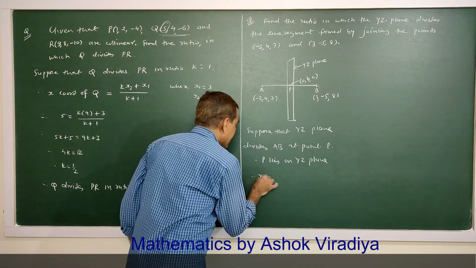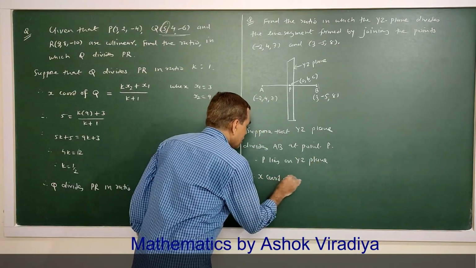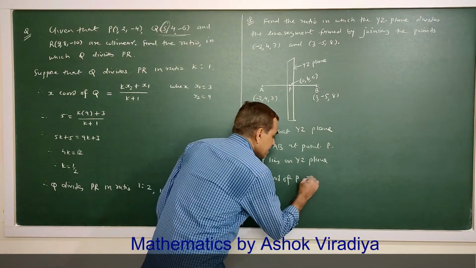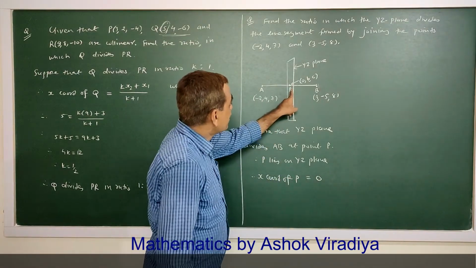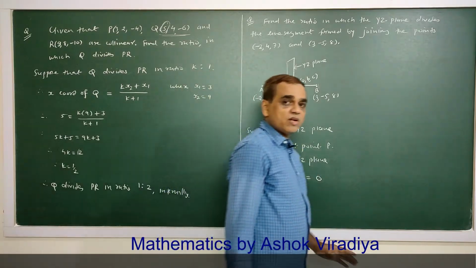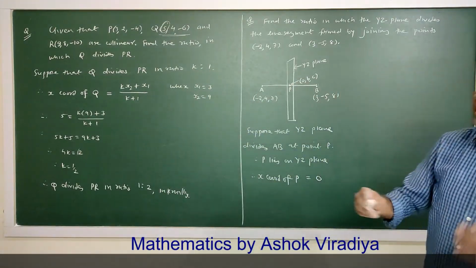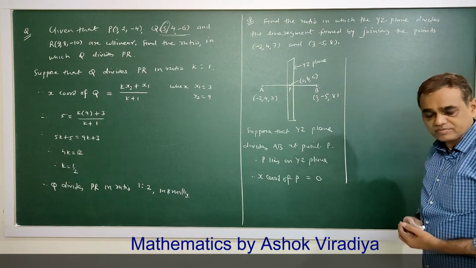So x coordinate of point P is equal to 0. X coordinate of this point will be 0, and we shall take help of x coordinate of dividing point.